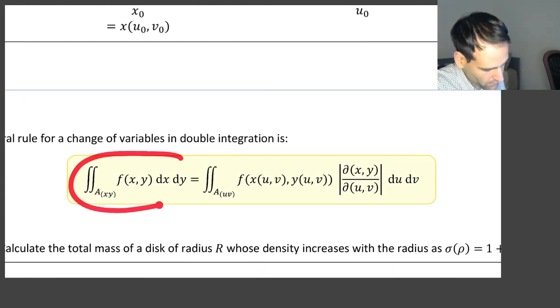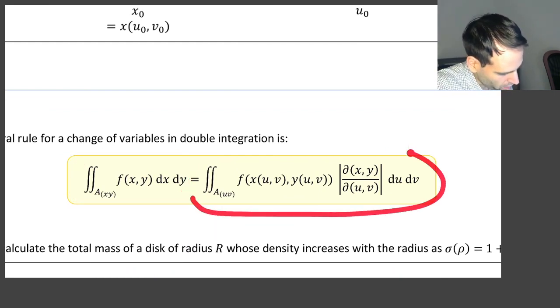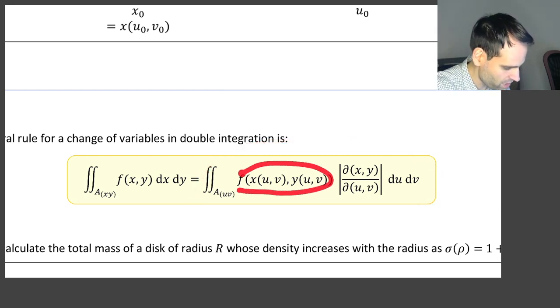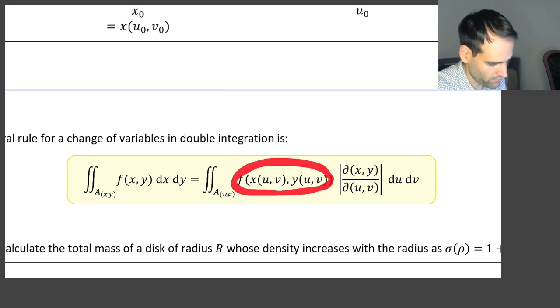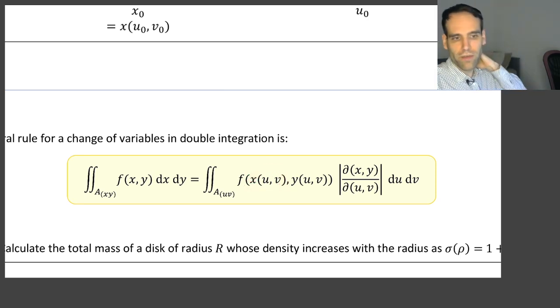So this is an integral in x and y, and now this is the integral on the new coordinates u and v. So this has 3 things. First, we changed the integrand. So f of xy, wherever there was an x, now we substituted x as a function of u and v. So that means that we are substituting the values of x in terms of u and v.